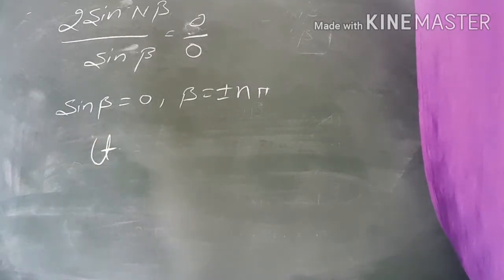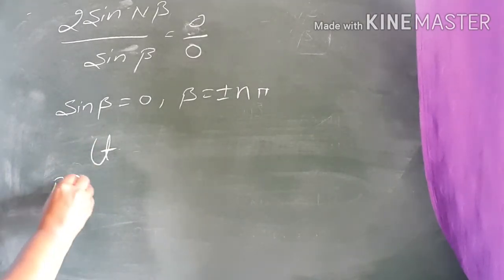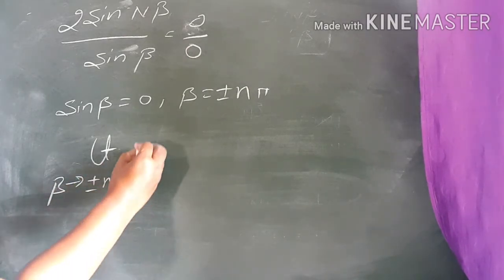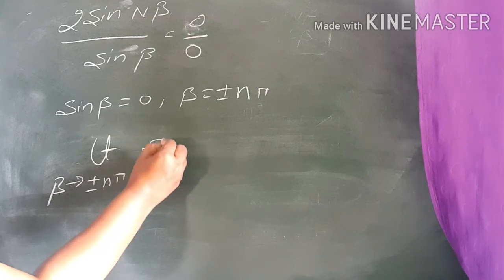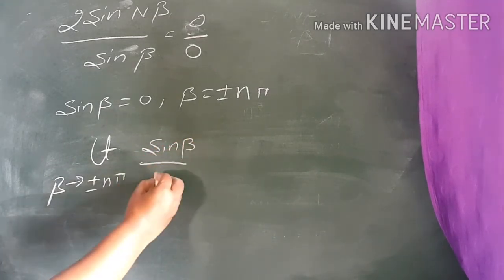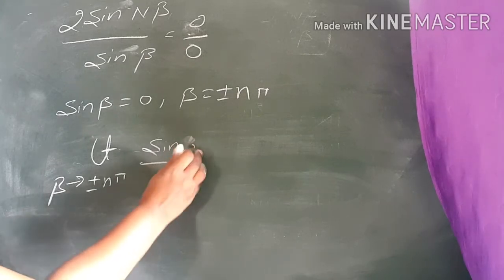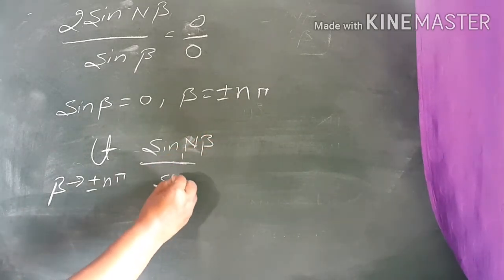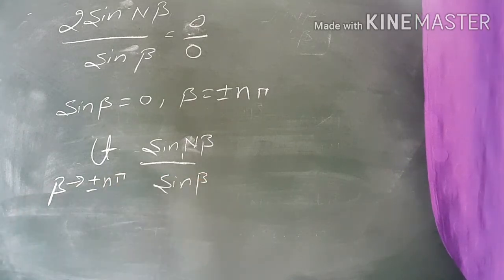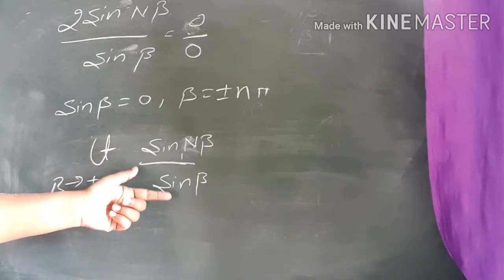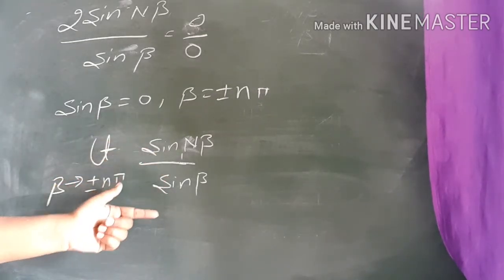By applying L'Hospital rule, beta tending to plus minus n pi, sorry, this is sine n beta by sine beta. We have to differentiate numerator and denominator with respect to beta.